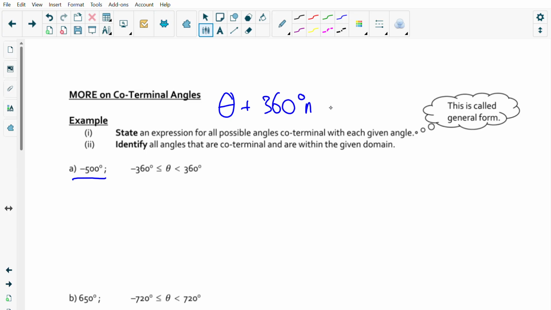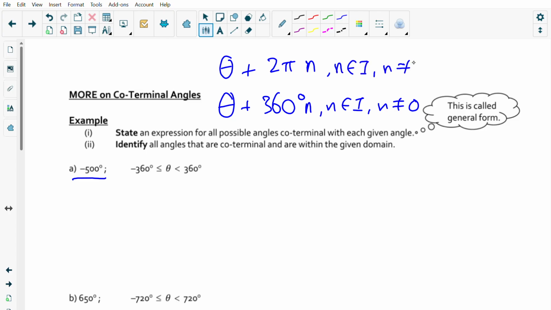Theta plus 360n, where n is an element of integers, n does not equal 0, or the radian version is 2 pi n, where n is an element of integers, n does not equal 0. Okay, So for negative 500, I do negative 500 plus 360 degrees n. N is an element of integers. N does not equal 0.